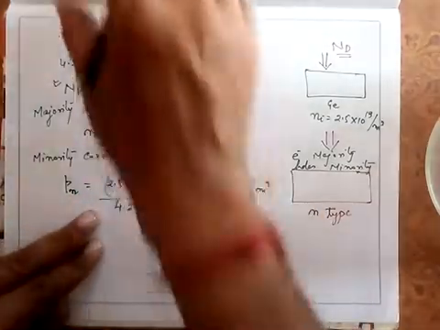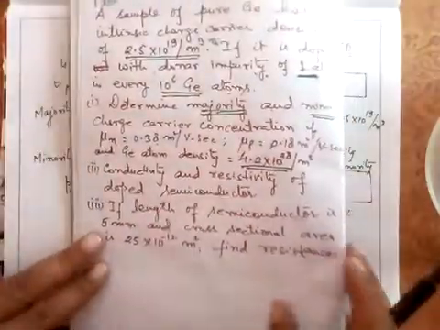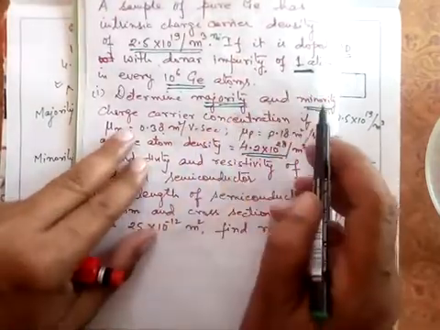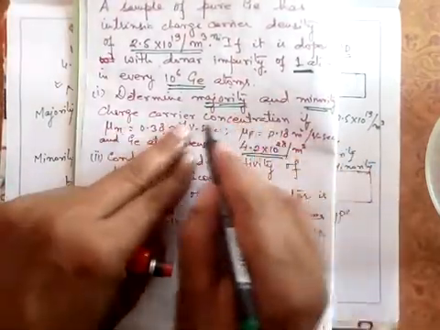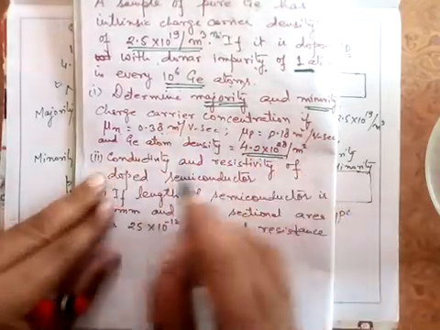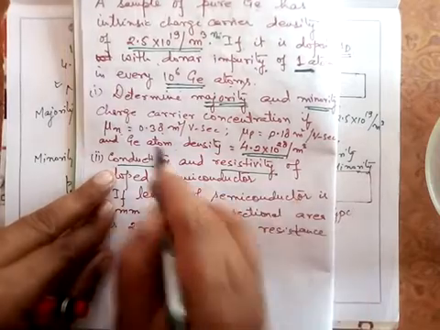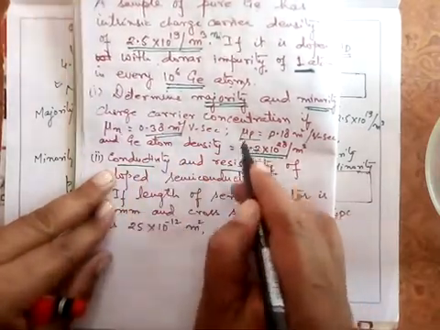Now, I hope that this is clear to you. Let's come to the problem again. Majority and minority charge carrier concentrations we have done. The next part says find the conductivity and resistivity. Remember that mu n and mu p is given to you.